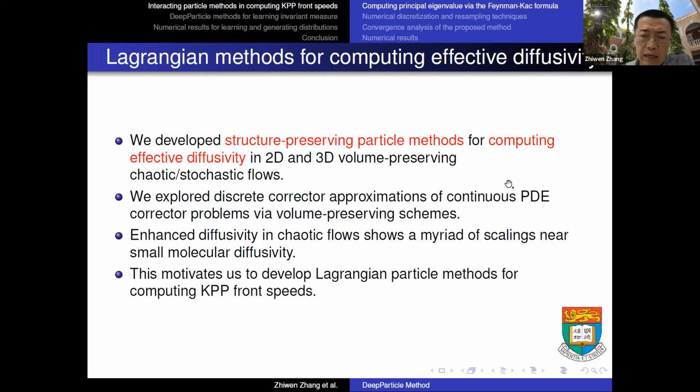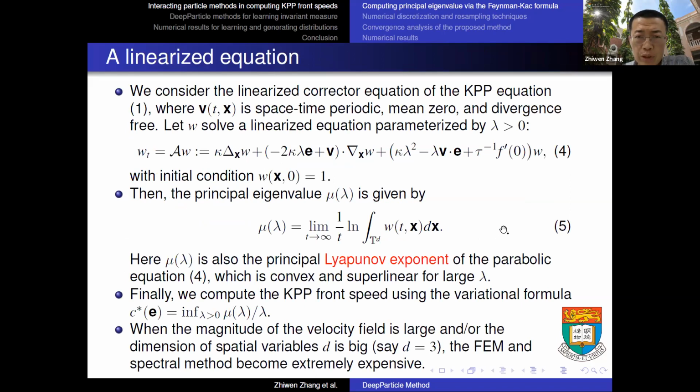So we have some previous work. We developed a particle method to compute effective diffusivity in chaotic and stochastic flow. This motivates us to develop a particle method for computing KPP front speed. Okay, so that's the motivation. How to do that? We need the so-called Feynman-Kac formula. We consider this linearized equation here.